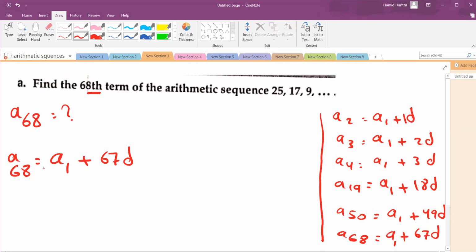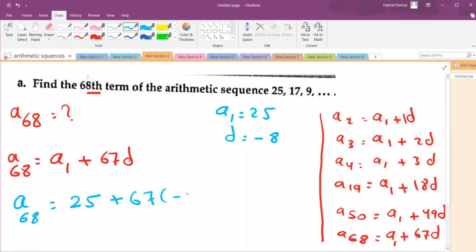To find the 68th term, we need to find the value of the first term and the common difference. The first term is 25. The common difference is 17 minus 25, or 9 minus 17. Both of them are negative 8. Just substitute A1 and D. A68 equals A1, which is 25, plus 67 multiplied by negative 8.